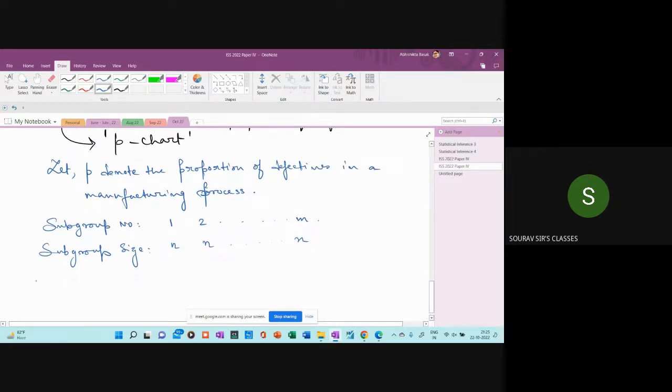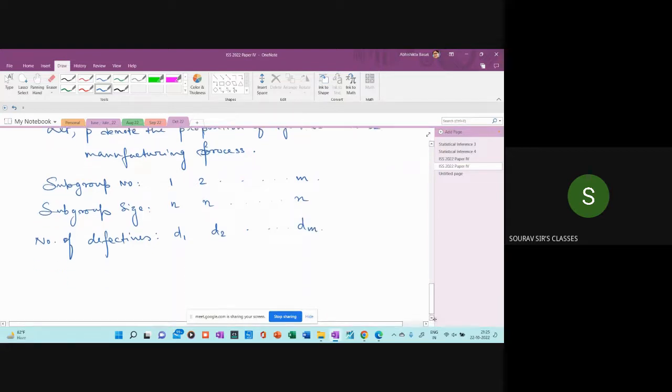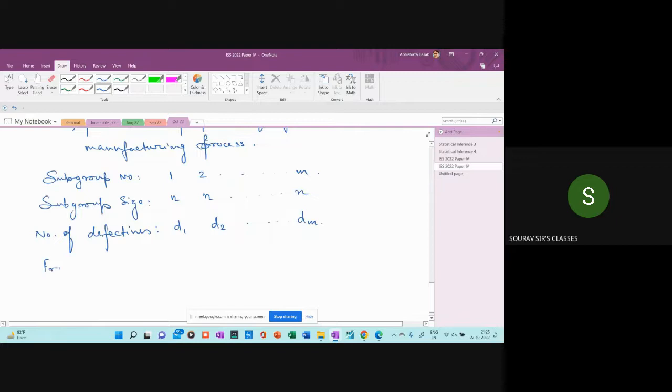Next is the number of defectives, that is D1, D2, Dm. Now we will go for the proportion or fraction defective. It is D1 by n, D2 by n, Dm by n.